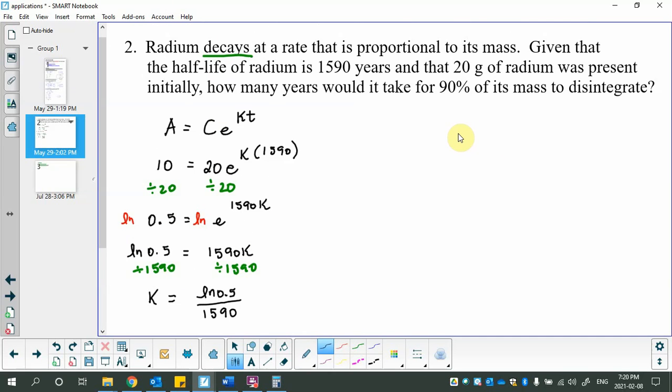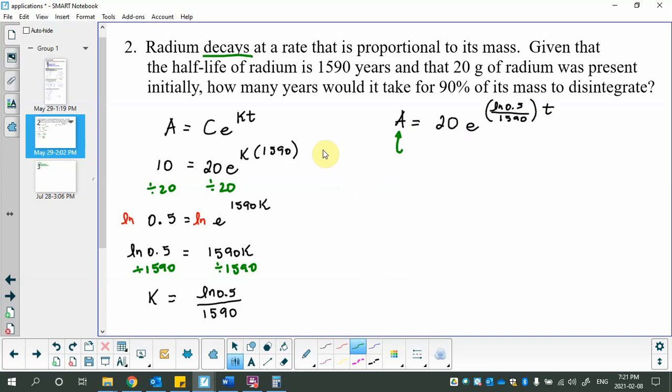So now I've actually got the bulk of a formula. A equals 20 e to the ln 0.5 all over 1590, and also a t. So you can see how difficult this is to write. And I need to figure out what 90% of 20 is so that I can put it in here.